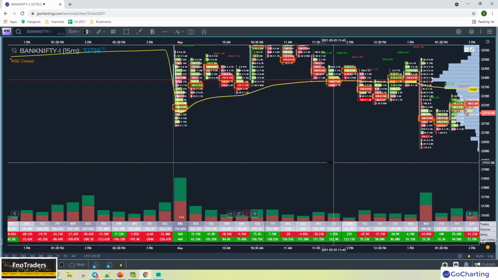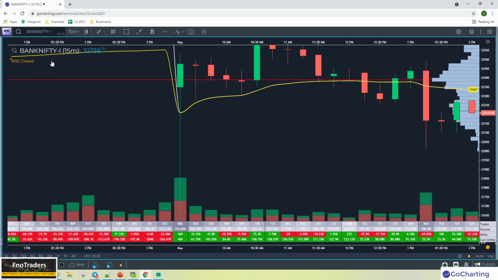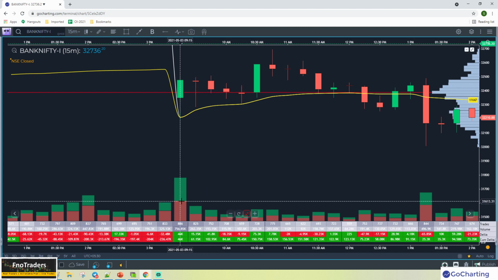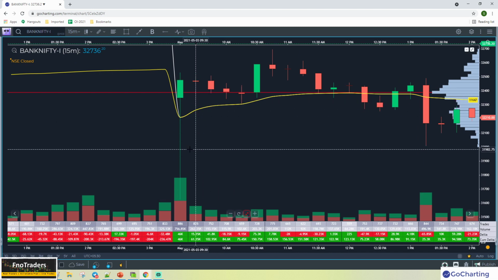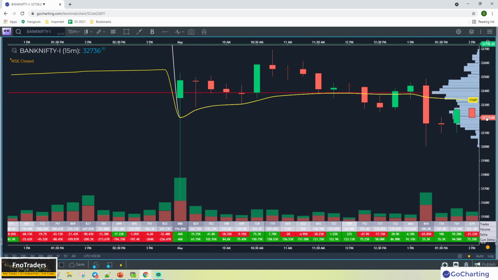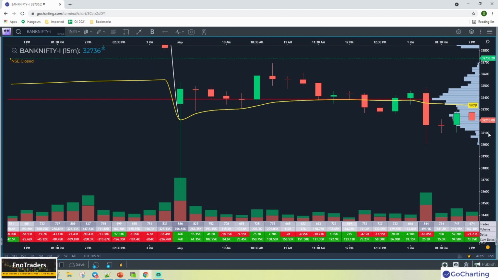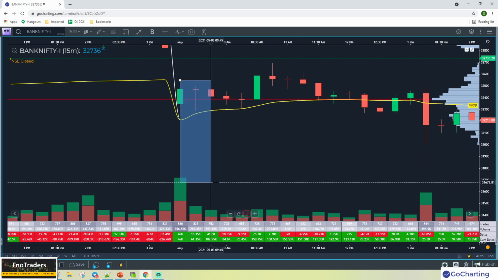The first crucial information that I always find important is, if you look at a normal candle, you would never know where price traded. You just have a total volume and all that, nothing else. So we just have a spike, but we do not know what the relevant price point is. If somebody is trading the opening range, he is looking at an opening range of this many points, right?